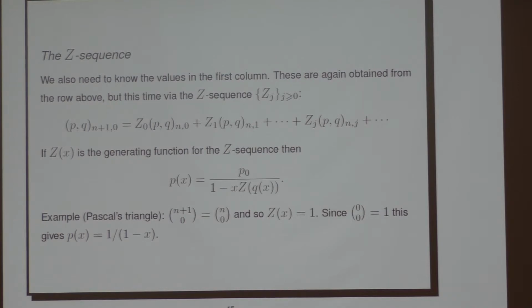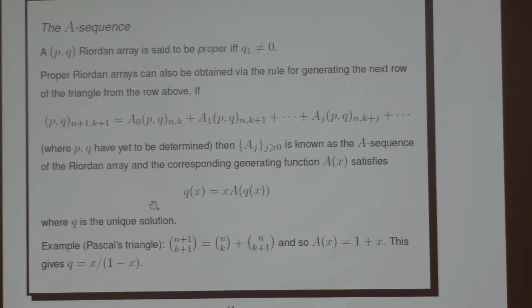You solve the second equation to get the A, right? If you start with P and Q and you want to find A, then you need to solve this equation to find A. Which is not that easy, I guess. It's the opposite, whatever you call it.